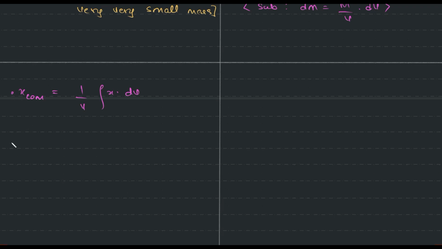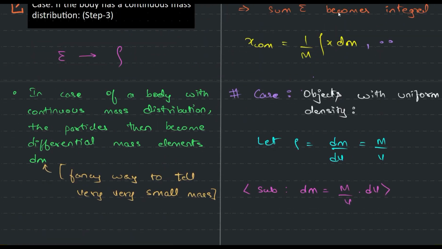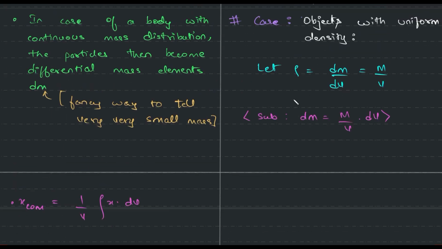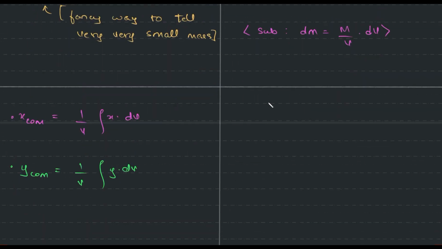Again, guys, everything is possible. There are cases wherein they will not give you uniform density, for example. Then what to do? You go back to the original idea. If they give you uniform density, like we are discussing over here, then you can use this directly.